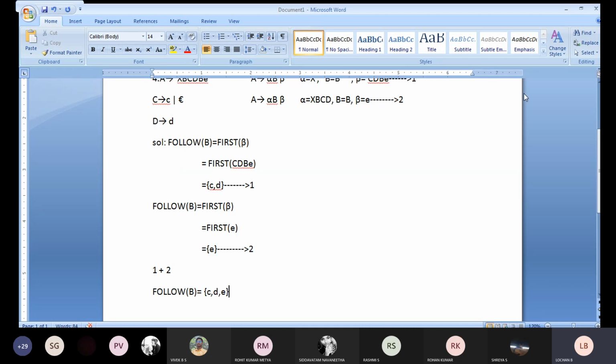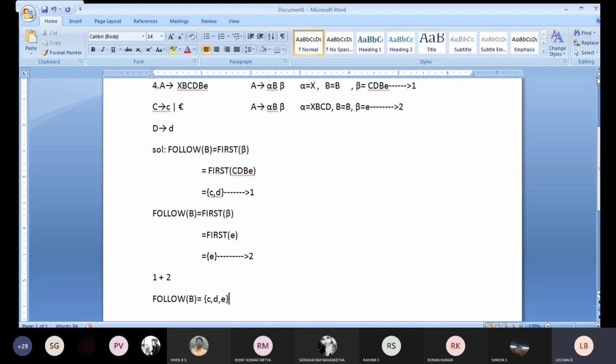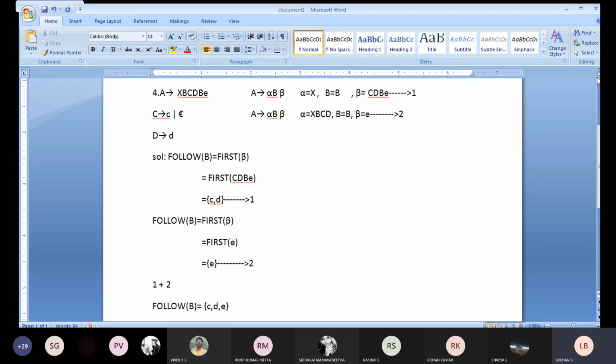Because in this particular problem, you got 2 B's. So for one B, I am going to split alpha B beta in that particular case. In the second case, I am going to split in this particular case, so that you get the 2 solutions. In the last, I am going to combine the 2 solutions and arrive at follow of B, which is equal to C comma D comma E. Have you understood, or shall I repeat it once again?